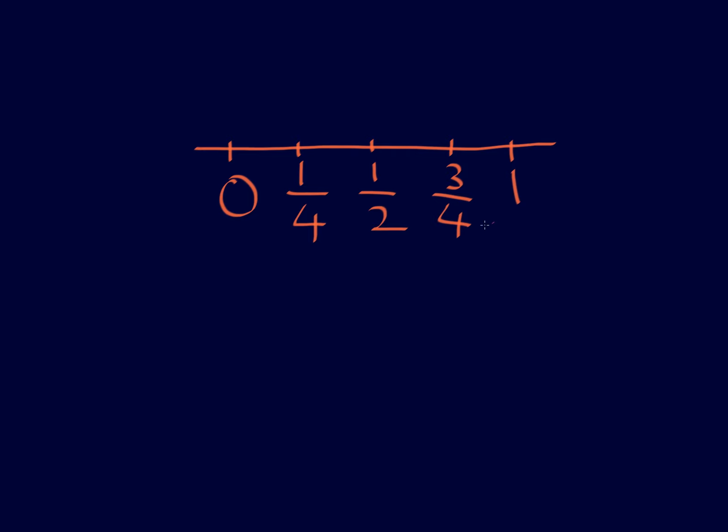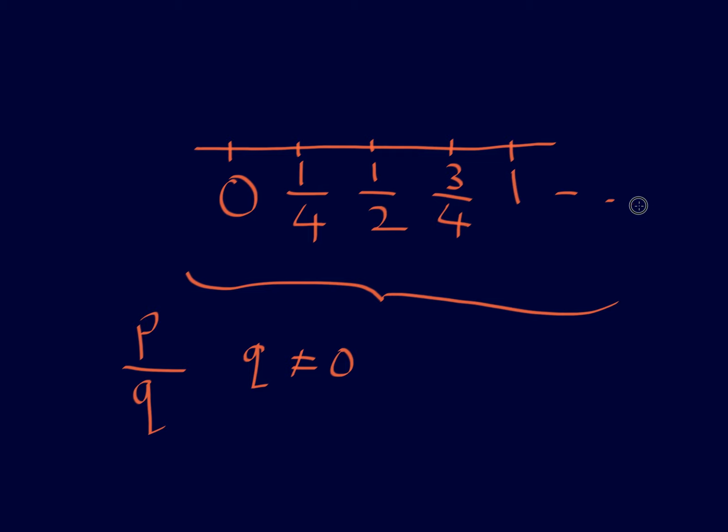The set of all such integers plus quotients, which can be represented as p over q, where q is not equal to 0, is denoted by a set. Again, there are more numbers here, and more numbers here, negative ones. That is denoted by the symbol Q, for quotients.